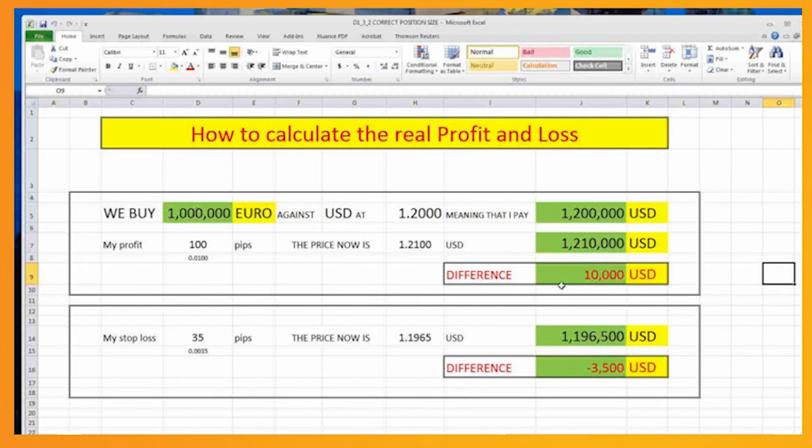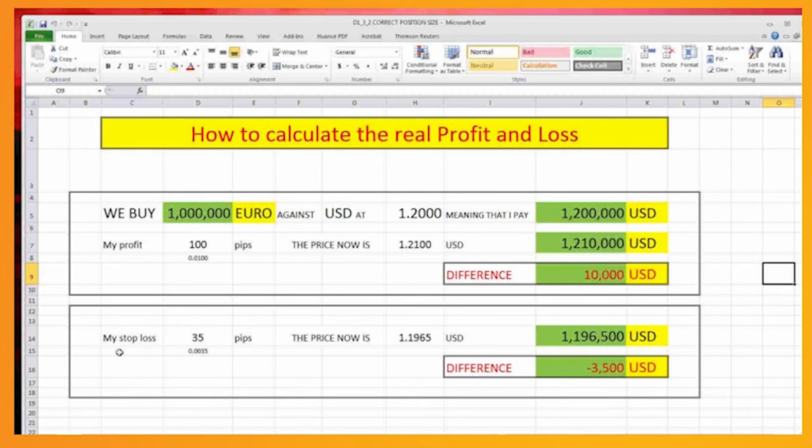This is the $10,000 that represents 1 cent difference, which we call 100 pips. So if you buy 1 million and you make 100 pips or 1 cent, then the real amount of money that you are making is $10,000.